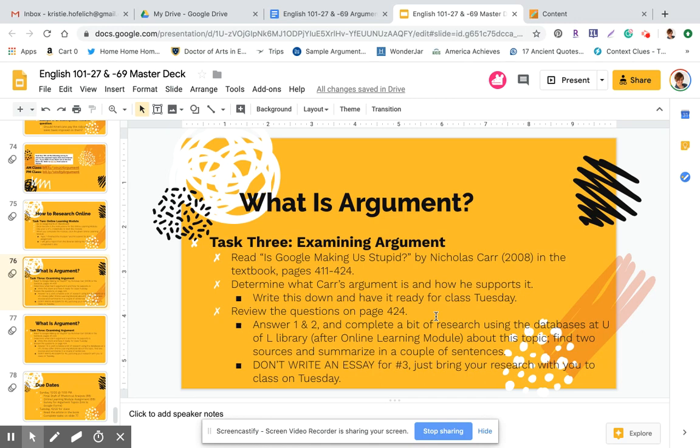Find 2 sources that have something to do with that. Give me a couple sentences summary and tell me what those sources are called, and then have that ready for class. So you're going to answer 1 and 2 and then actually do the research for number 3. You're not going to submit that online. You're going to bring it to class next week.